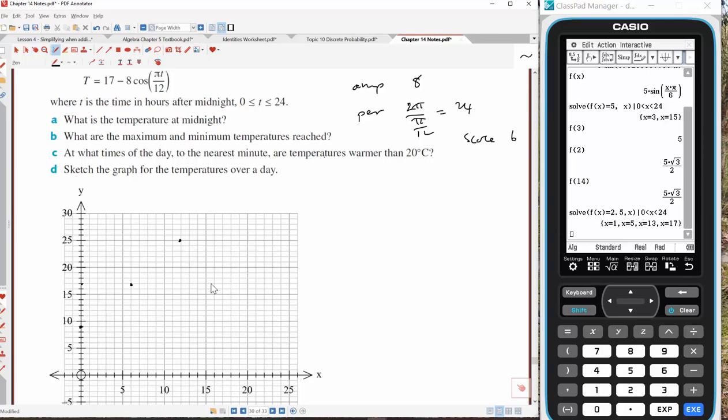So at 18, there's 18 there. And then at 24, it's going to revert to the min value. All right, there is my very jittery looking cosine model.